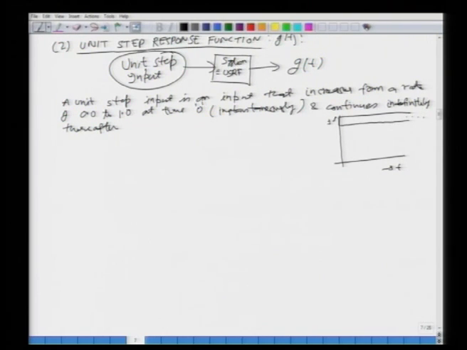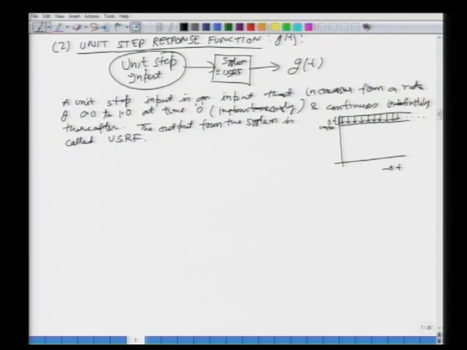So, this amount is 1 centimeter per hour or unit input, this whole thing, and this is occurring continuously. Okay. All right, and then the output from the system is then called your unit step response function.